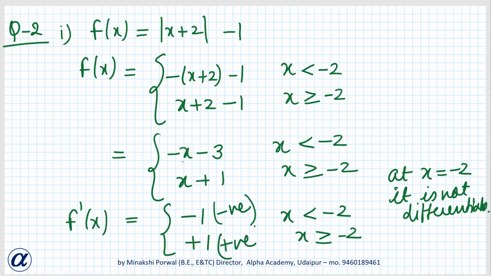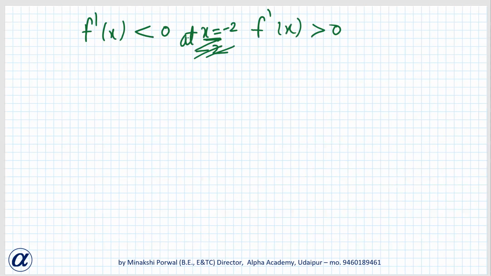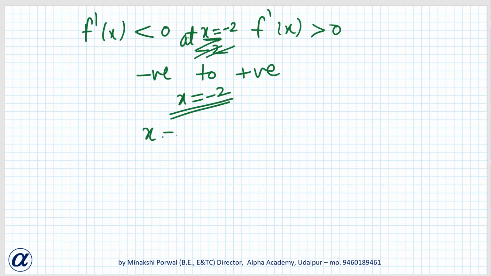Okay. So if the slope is becoming negative to positive at x equals to -2, I am asking x equals to -2 is which point? Minima. Yes. So x equals to -2 is the point where minima occurs.